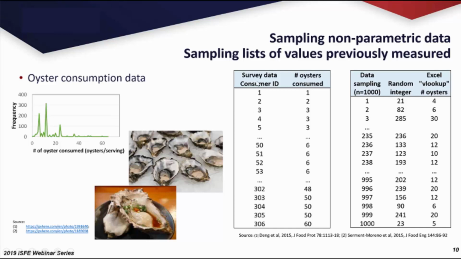As I said, my first preference is to use the raw data itself. So if you are working at a company, my suggestion is to use your historical data. A few years ago, we worked for a large company that wanted to gain market share, and they were having trouble meeting the shelf life they were claiming on their product.